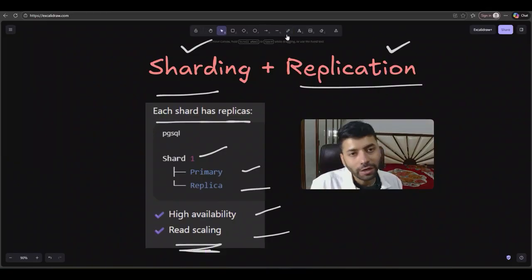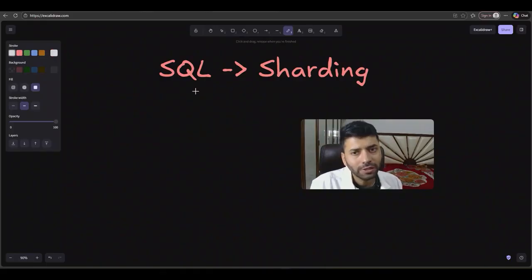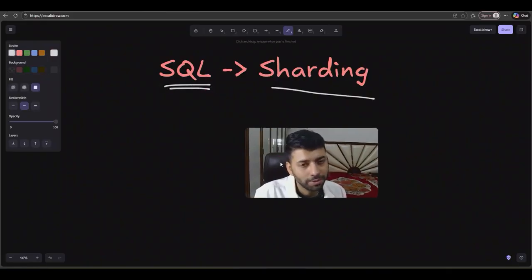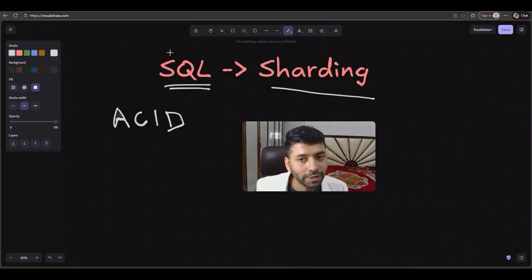So we discussed sharding, but now let's discuss it in terms of SQL. We discussed what sharding is, how we do it, and what it means. But now let's talk in terms of SQL or RDBMS databases. In SQL we follow the ACID properties, so it is good for consistency. For financial transactions and banking apps, you use SQL because of its consistency and all the ACID properties it provides, correct?